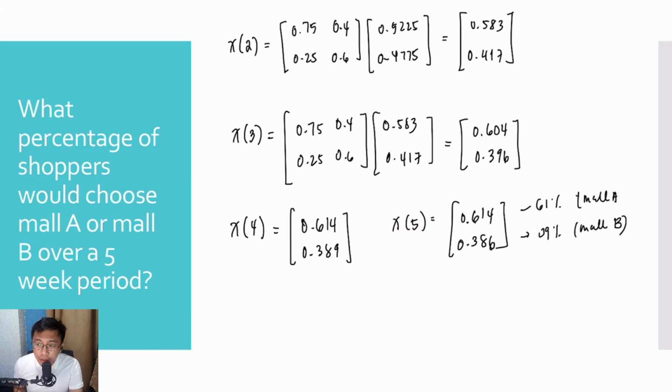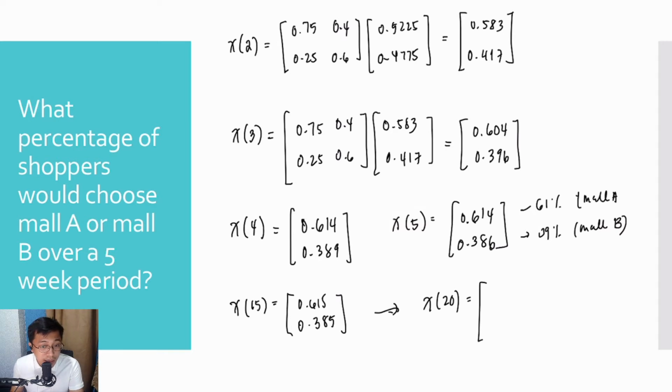Now let's observe what will happen if we extend the number of weeks. So let's see what will happen after 15 weeks. Solving using a calculator, I have here 0.615, 0.385. Okay, and then last, let's try 20 years.